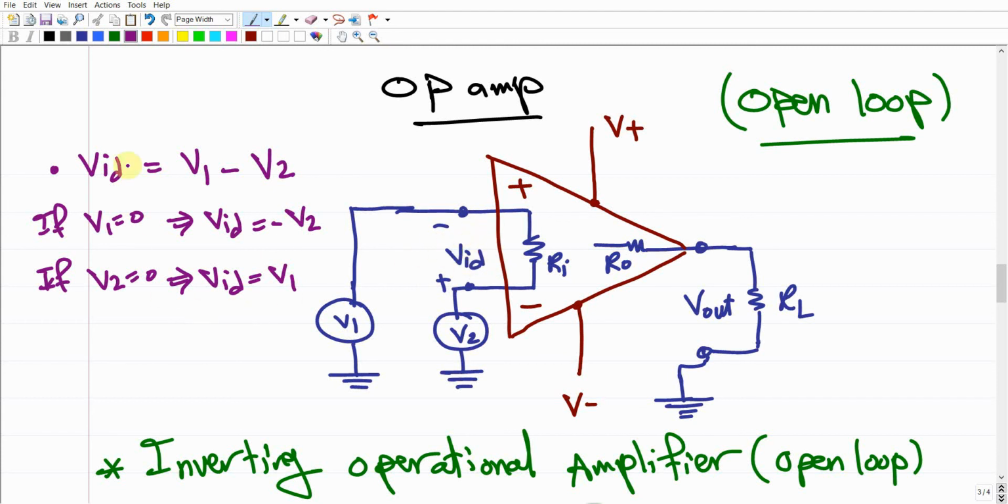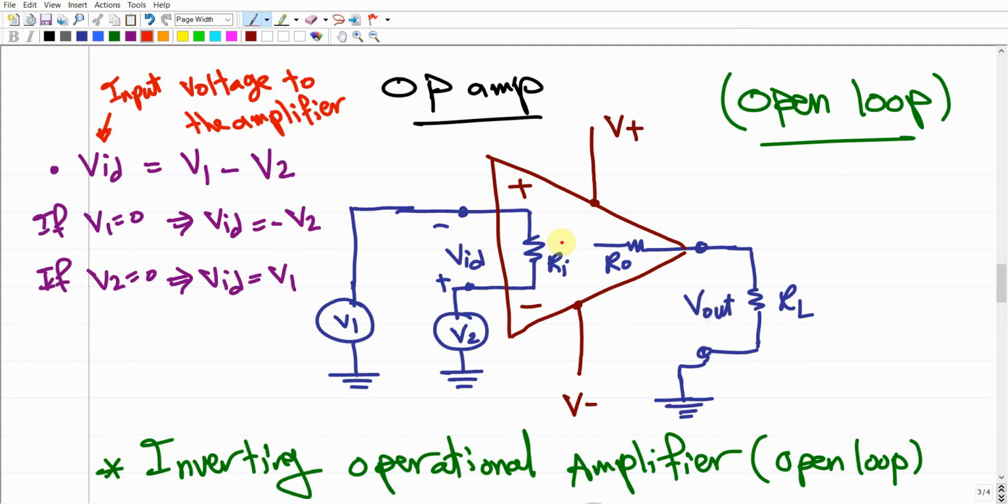This is gonna be the input. You should understand that this is the input voltage to the amplifier, and then we're gonna end up with an output. V output is the output voltage that we are seeking. So we have to figure out how much this V output is in terms of the input.